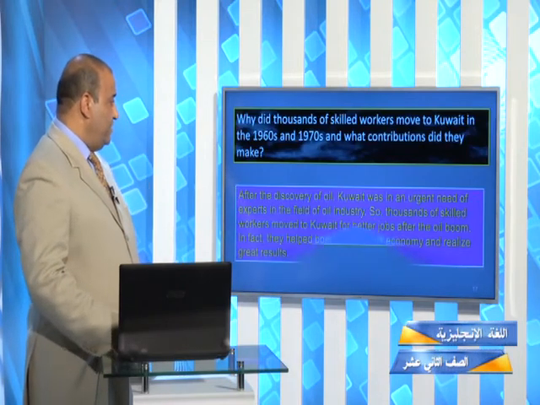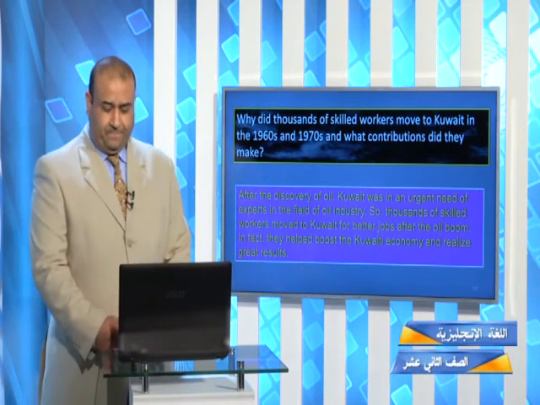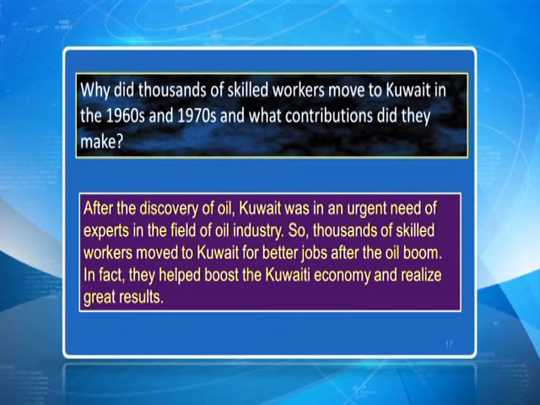Our question again here, and this is the answer. After the discovery of oil, comma, and here you notice the use of punctuation is very important in such kind of questions. Kuwait was in an urgent need of experts in the field of oil industry, full stop.